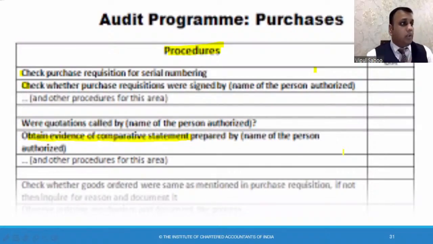Okay. So different vendors give you the quotations, right? And who is the authorized person who made the comparative statement from those quotations? Yes, this particular person is supplying us this particular quantity at this rate. He is giving us a discount of 10%. I hope you did material costing in the subject of costing. You used to prepare economic order quantity and all, right?